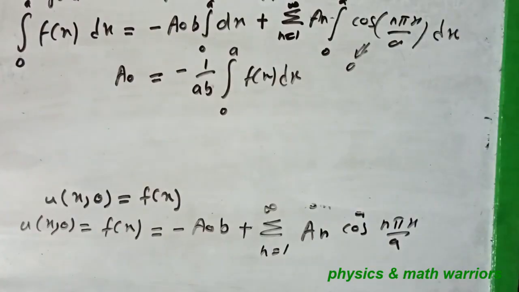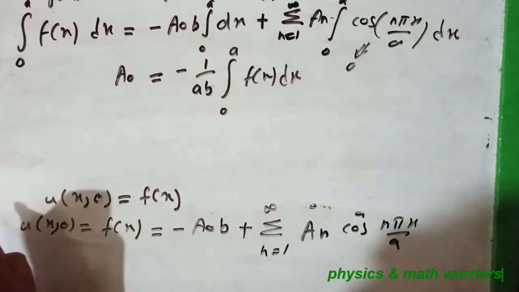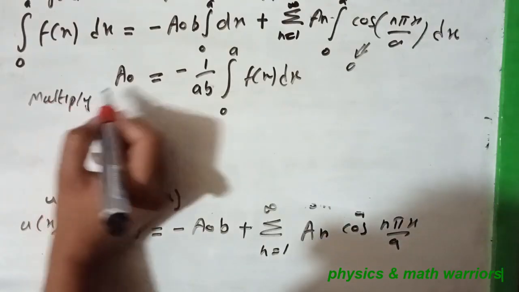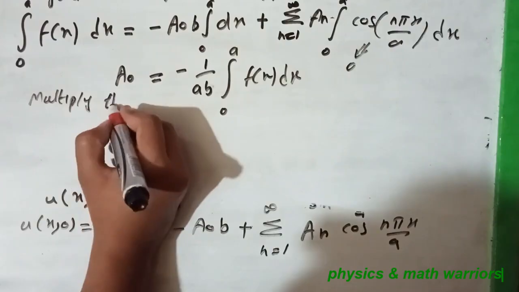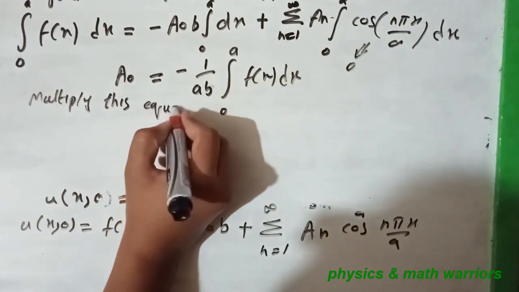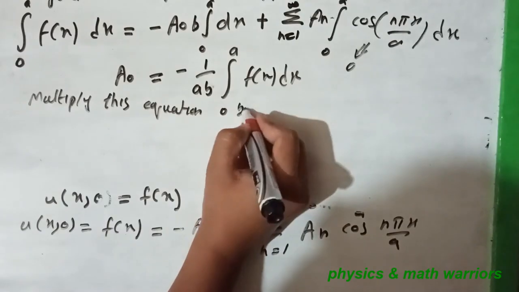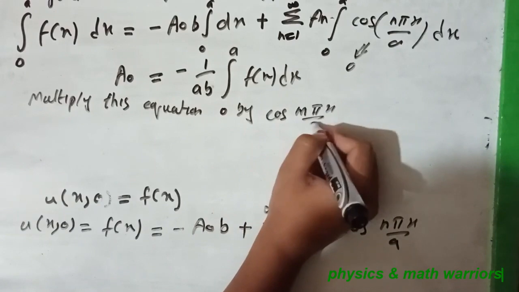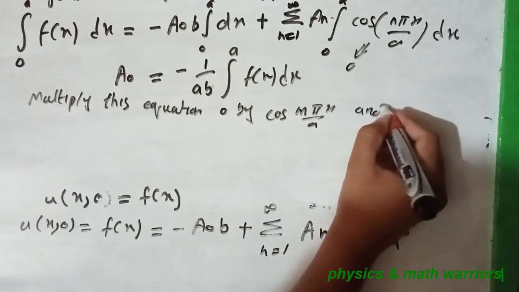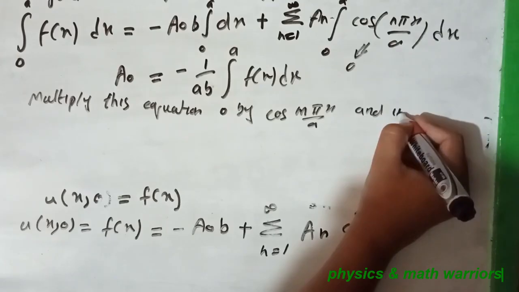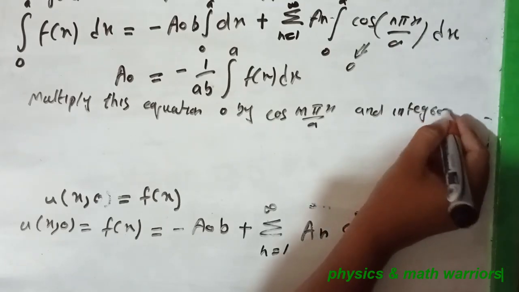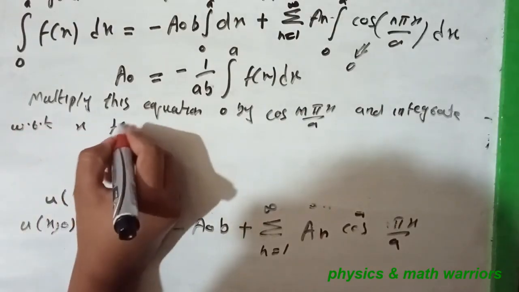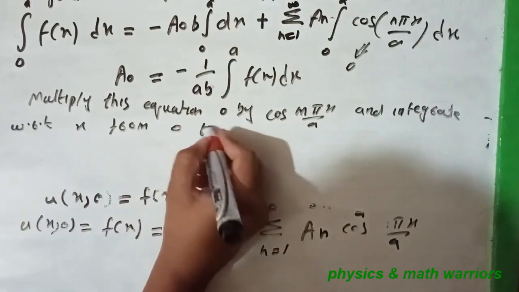Now to find the value of an, we multiply by cos m pi x over a and integrate with respect to x from 0 to a.